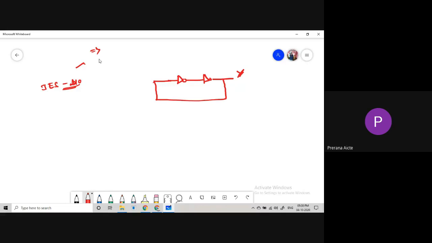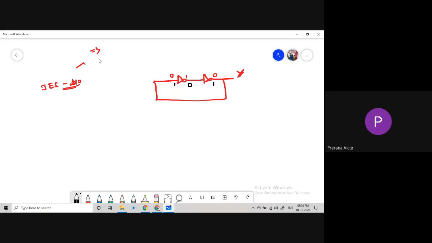Please, if you are applying the input like this, if you apply 0, what is the output of this first NOT gate? 1. This 1 is applied to another NOT gate, right? Yeah, 0. So the final output is 0. Similarly, if you take 1 as input, what is the output of this NOT gate? 0. And this one is 1.